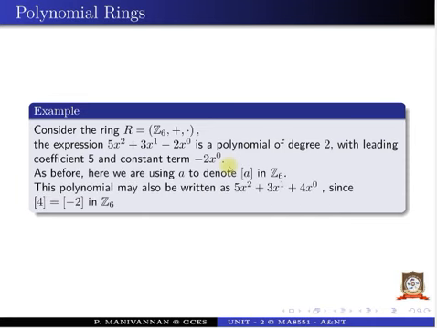Then, as before, we are using a to denote the integer modulo a in Z6. This polynomial may also be written as 5x square plus 3x power 1 plus another value for this minus 2. It is 4. Why?